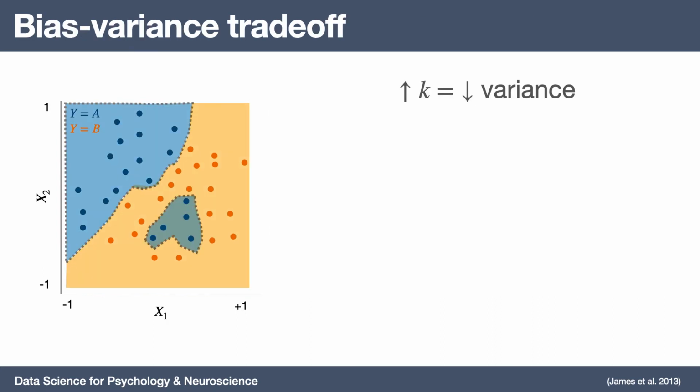The bias-variance tradeoff in kNN is strictly defined by k. Higher values of k mean higher bias and less variance. So if we set k equal to 1, which is what's shown here on the left, you have the most flexibility of your model. Basically, you're just saying, whoever I'm closest to, that's the group I most likely belong to.